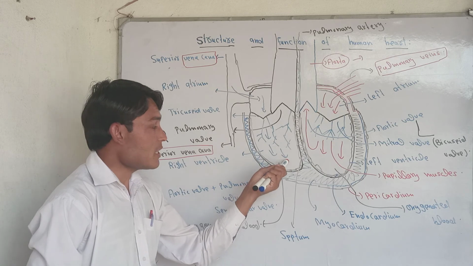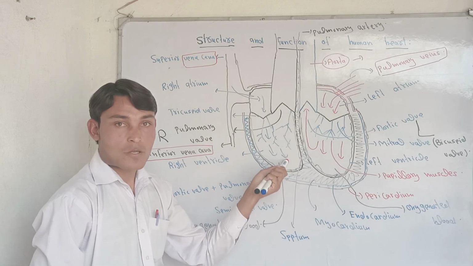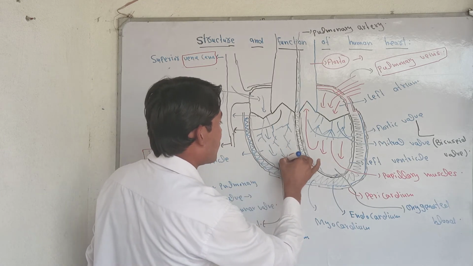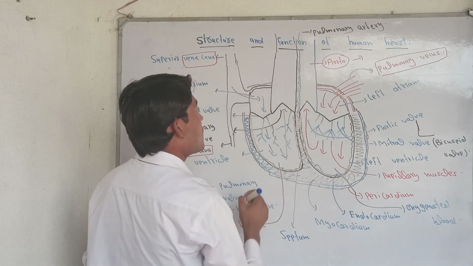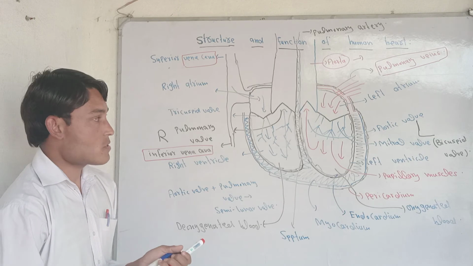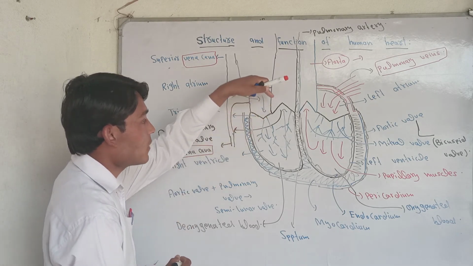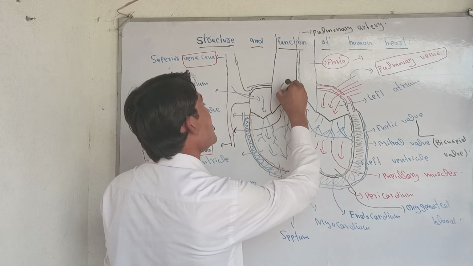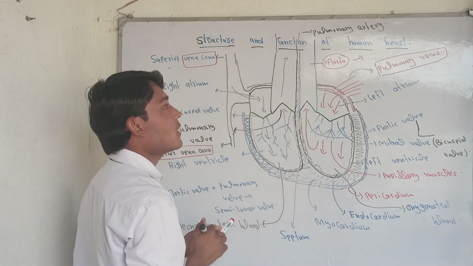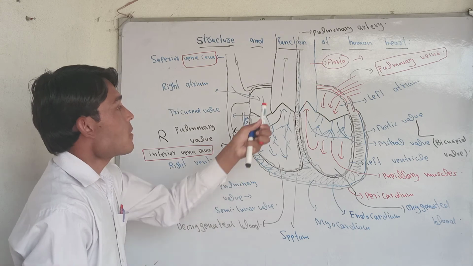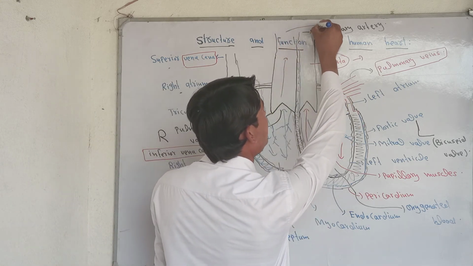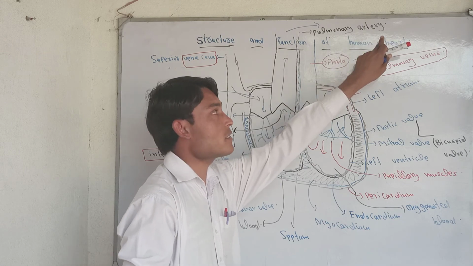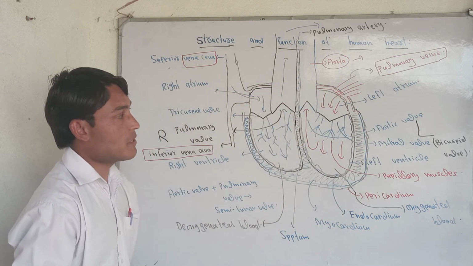Now this blood needs to be oxygenated, so it moves toward the lungs, and there is a valve called the pulmonary valve, also called a semilunar valve. This valve opens and the deoxygenated blood moves toward the lungs, where it becomes oxygenated, and the cycle is repeated.